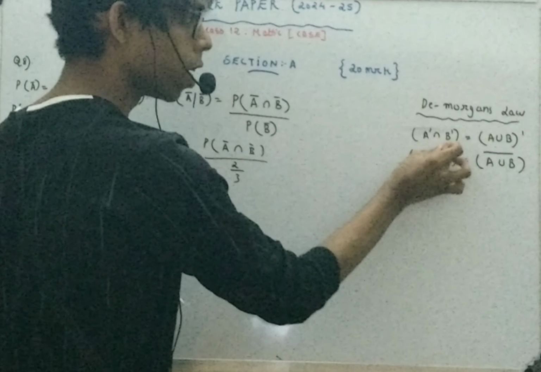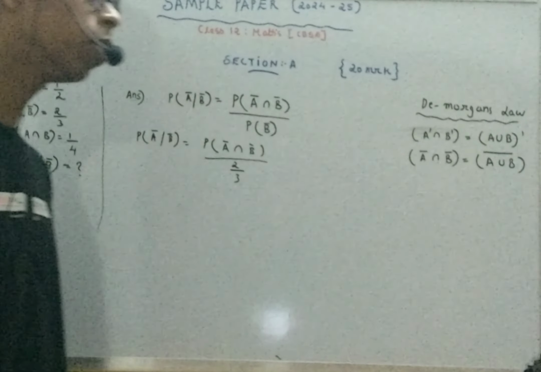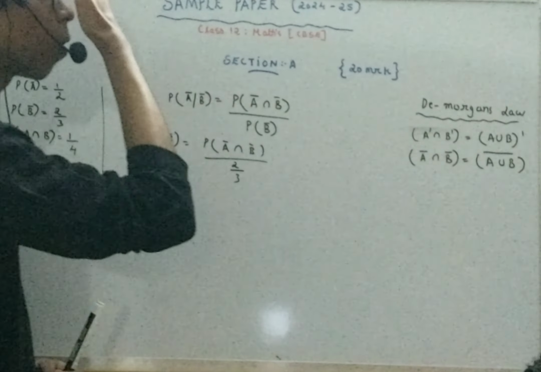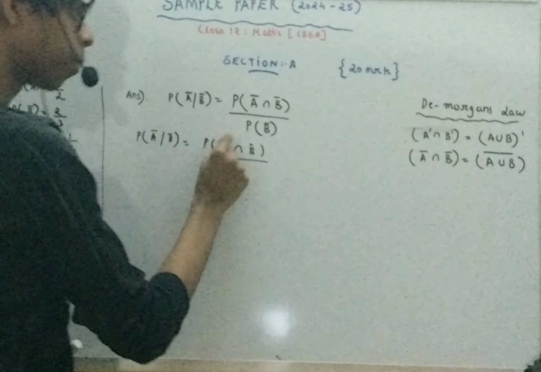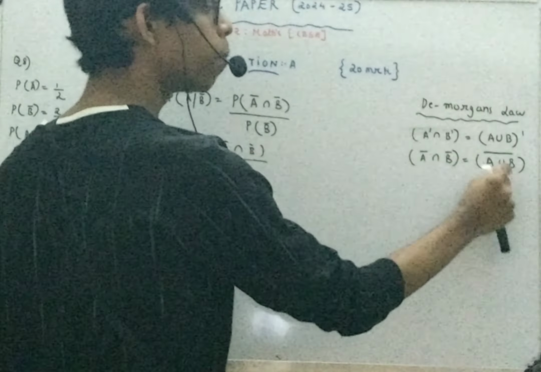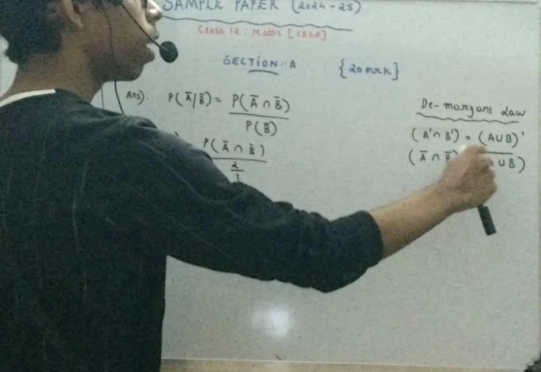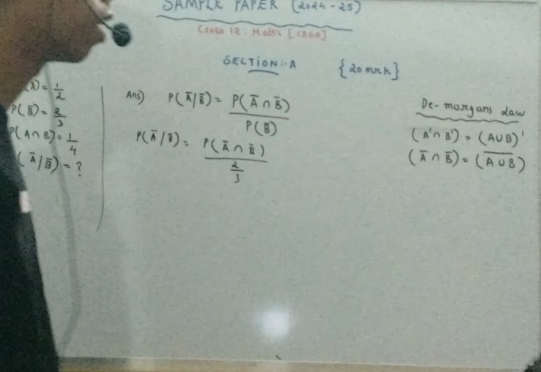If we are taking intersection, when we take the whole complement of it, it will become union. The same concept we are applying in the case of probability also. Not A intersection not B is equal to, here the intersection will become union, so we can write it as A union B the whole complement.